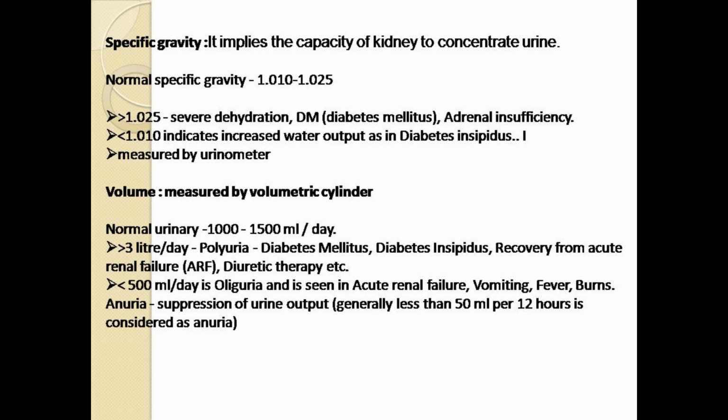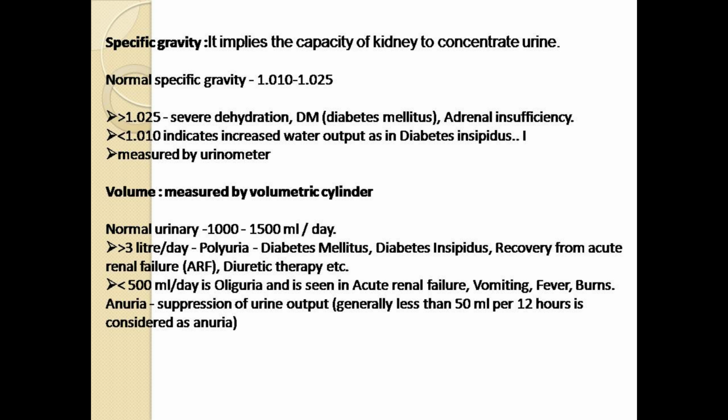Now we will talk about the volume of urine specimen. The normal urine volume is between 1000 ml to 1500 ml per day. But if the quantity is greater than 3 liter per day, it indicates the patient is suffering from polyuria, which can be in conditions like diabetes mellitus, diabetes insipidus, or when the patient is recovering from acute renal failure.